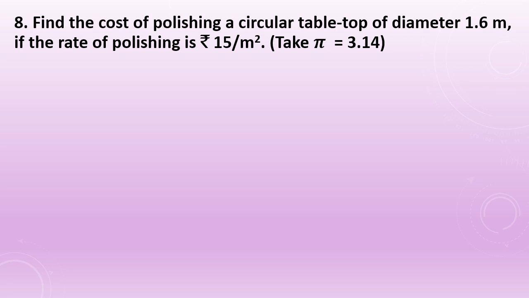You can check the last part of the question. It is given rupees 15 per meter square, and meter square is the unit of area. That means it is understood we have to find the area only.